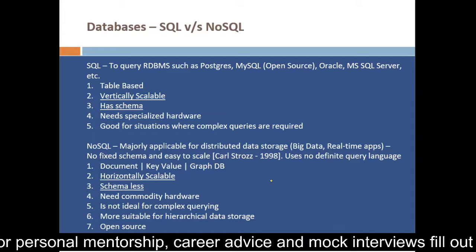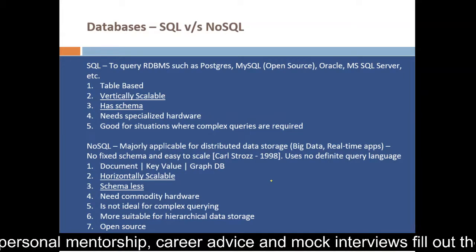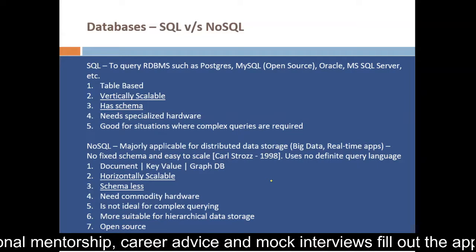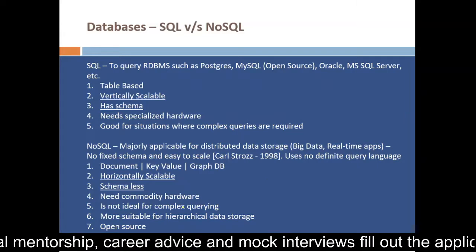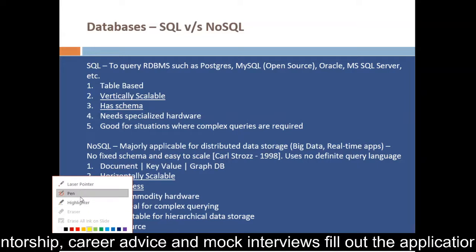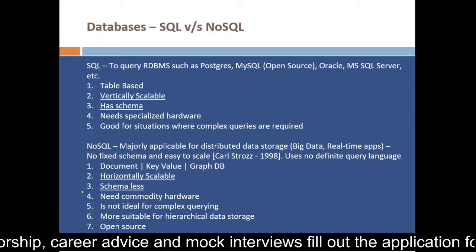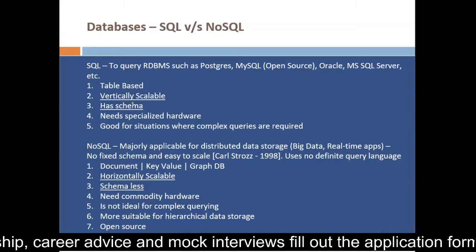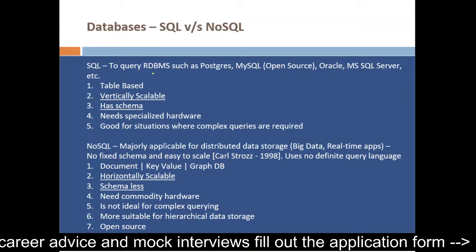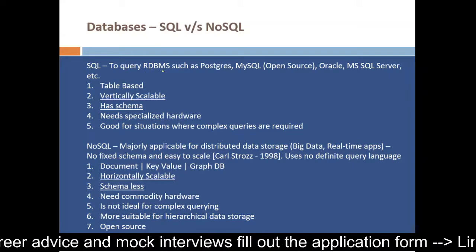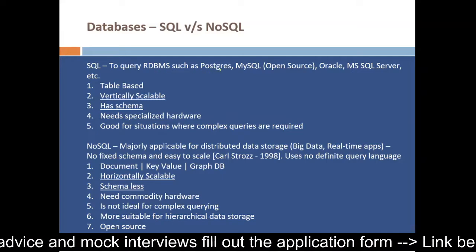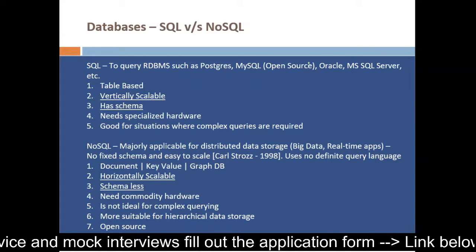Now, in terms of databases, we also would come across SQL and NoSQL types of databases, which are two broad types of databases out here, right? So let's see what these two types of databases really mean. We initially introduced the concept of RDBMS, Relational Database Management Systems. And these systems are like Postgres or MySQL, which is open source.